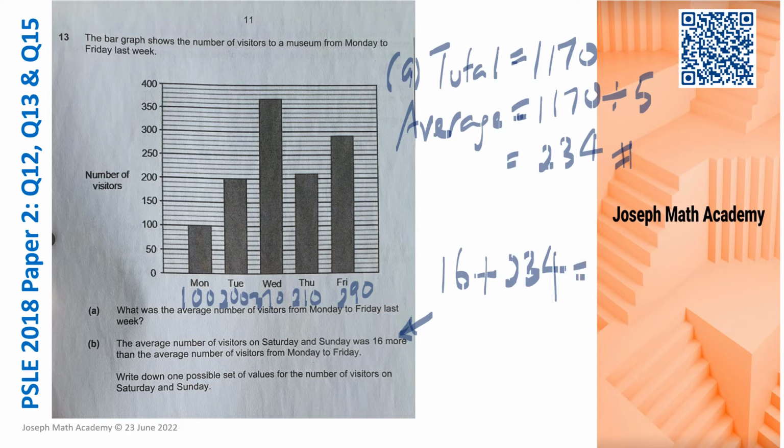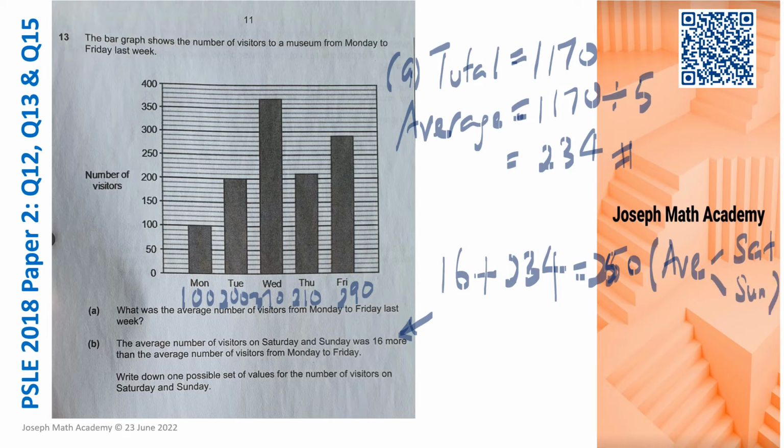Okay, so we add these two together. This is the average for Saturday and Sunday. Okay, let me calculate for you first. So 16 plus 234 gives us 250. So what is this? This is the average for Saturday and Sunday.